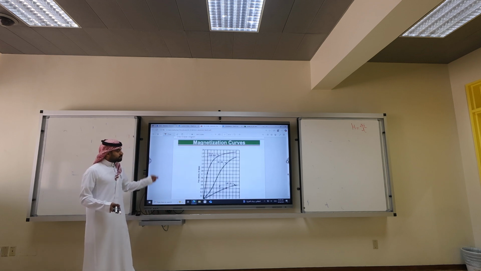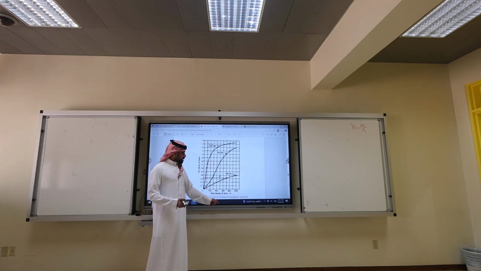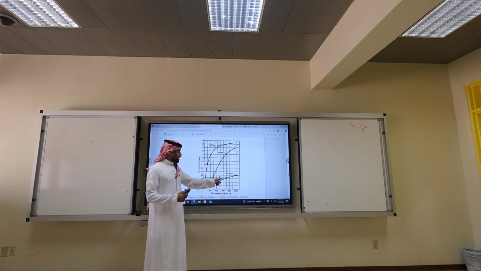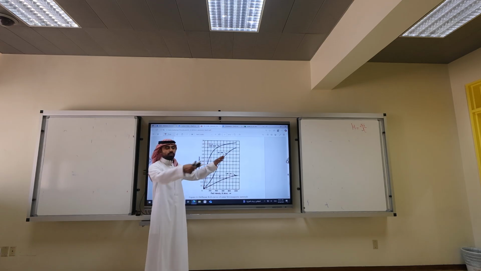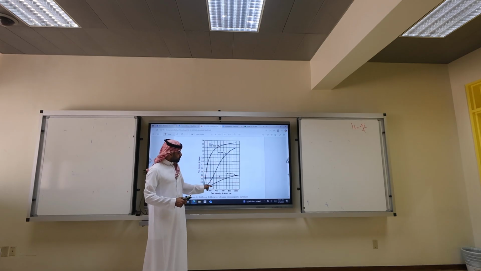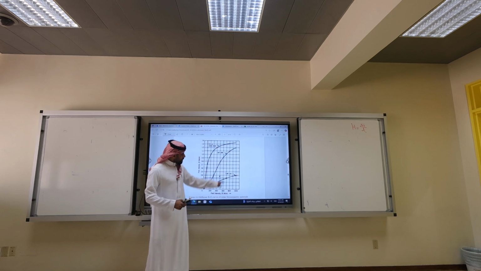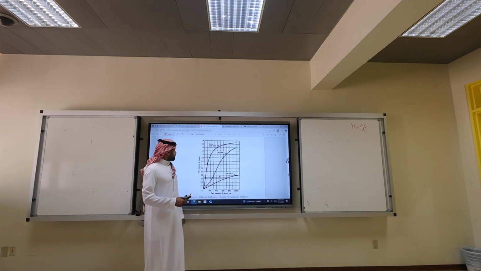Okay? Look at these curves. For the cast iron, this is the curve. It means for 500 amperes per meter, I have 0.3. For cast steel, it has higher. For the same H, I get higher flux density. For silicon sheet steel, if I have the same amount of 500, it gives me 1.4 tesla.